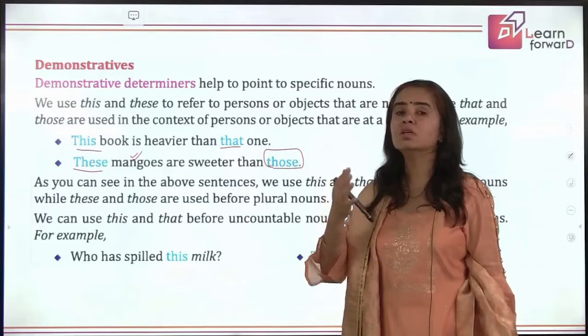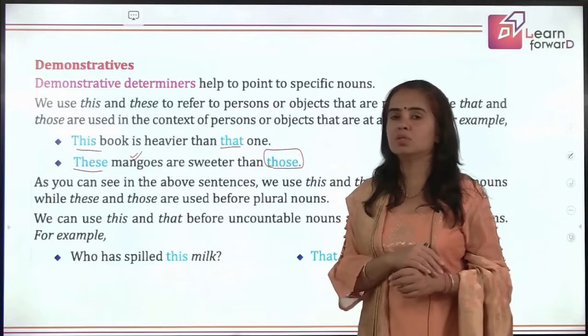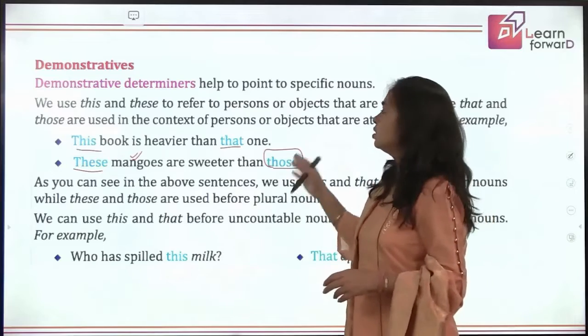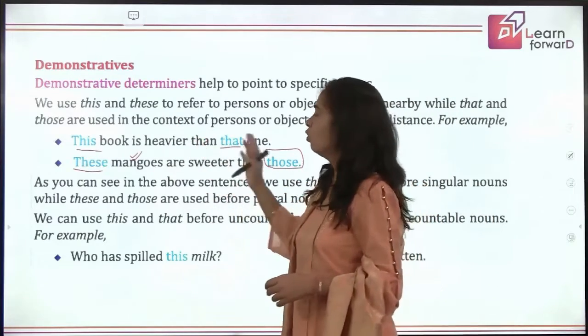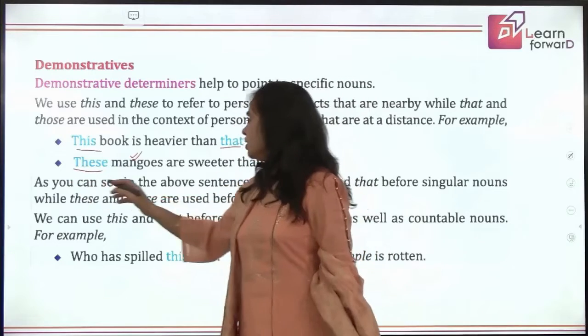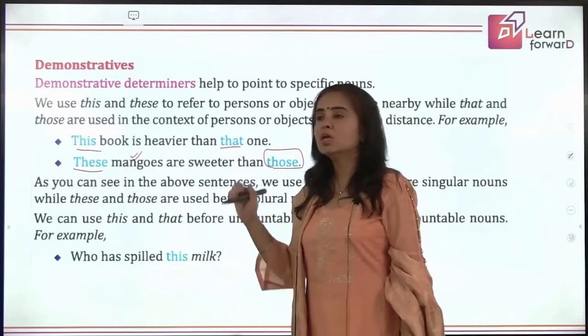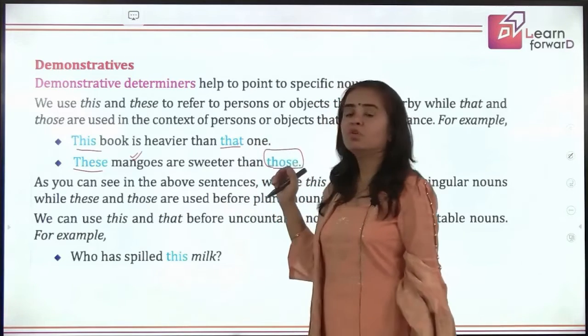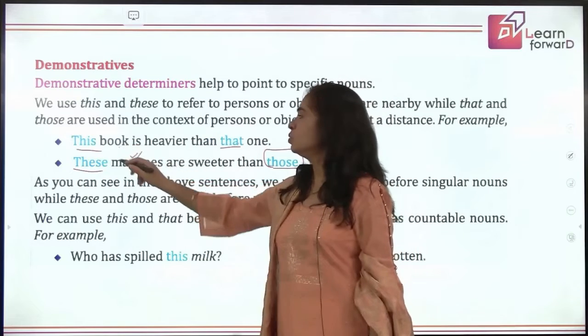They are words which are followed by nouns or which are used before the nouns. Right? So this is not a determiner. These three are determiners because they are followed by nouns. Now, as you can see in the above sentence, we use this, that before singular nouns. So these, those before the plural ones, right? And they should be used before the noun.